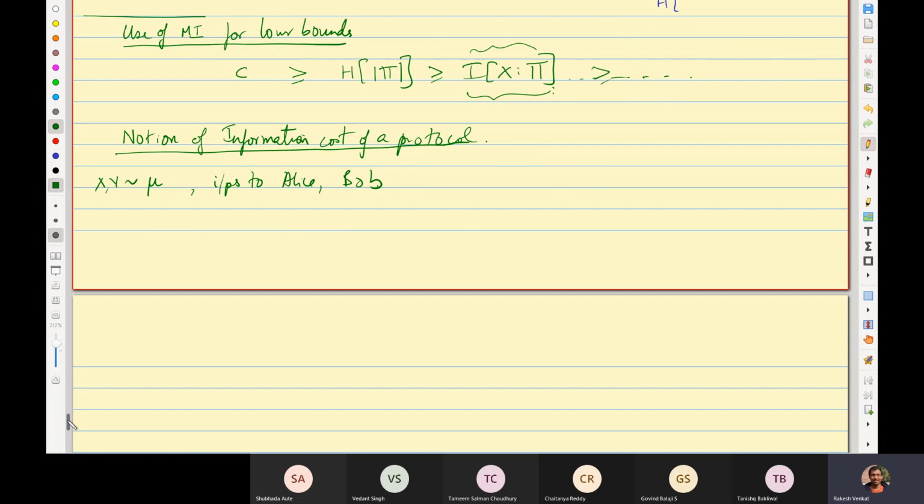But I'll ignore that point for today's remaining 10 minutes. So we define the external information cost as, intuitively, how much an external observer learns about Alice and Bob's inputs if they have access to just the protocol.